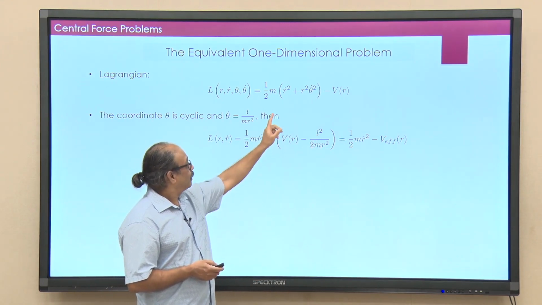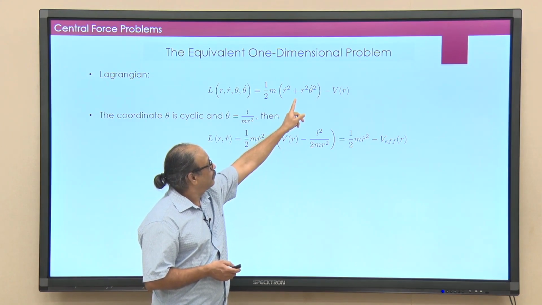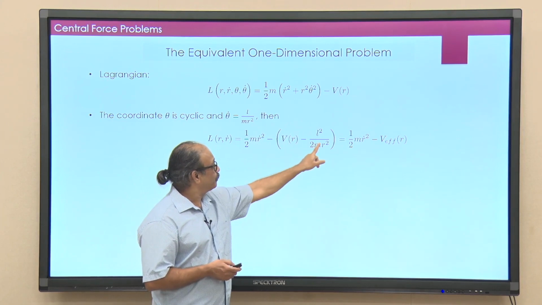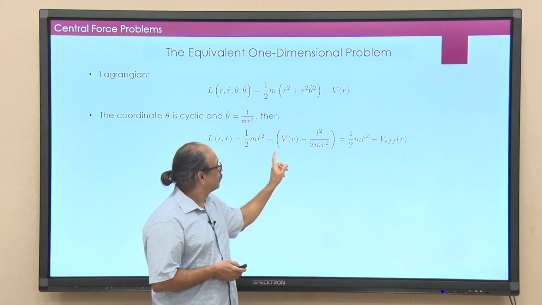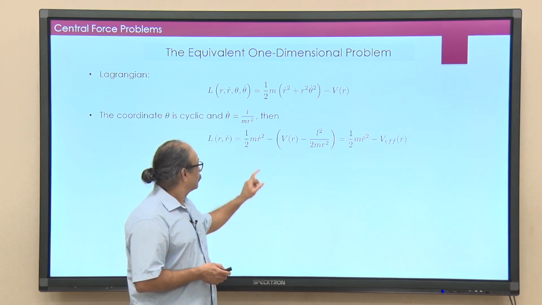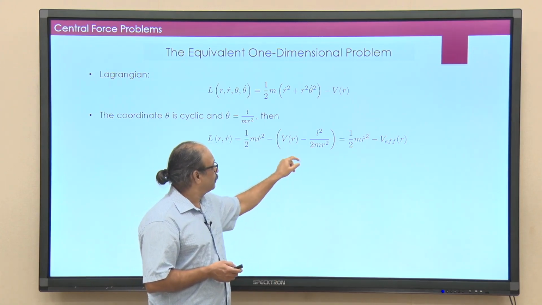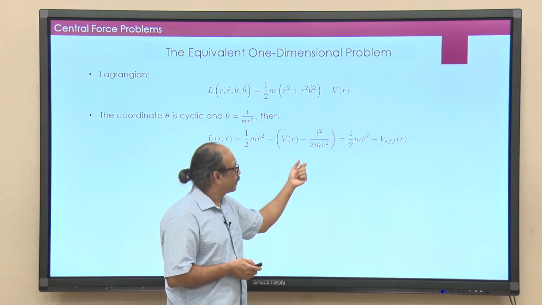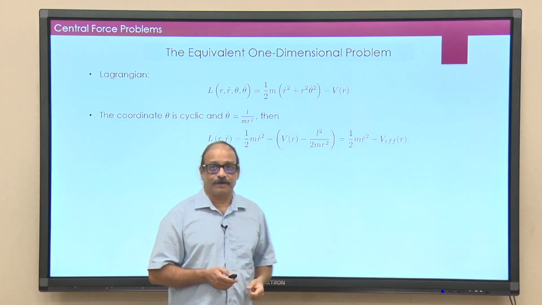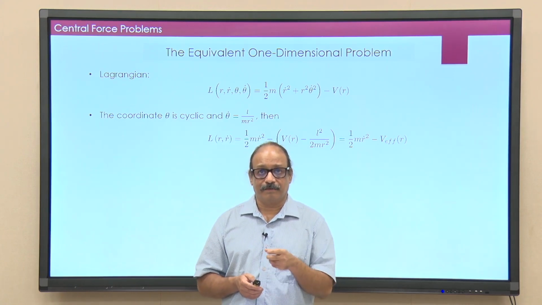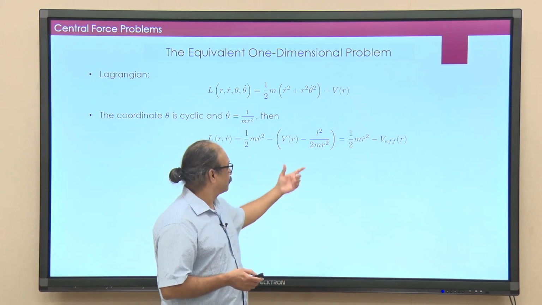Now, what I am going to do is take that kinetic energy theta term, which now becomes this angular momentum term, and put it along with the potential term. Okay. So, I will write this as half m r dot square minus the bracket V of r plus L square by 2 m r square, and look at this quantity in the bracket. It is just a function of r again. V is a function of r, and the second term is just L square by 2 m r square. So, this is a function of r.